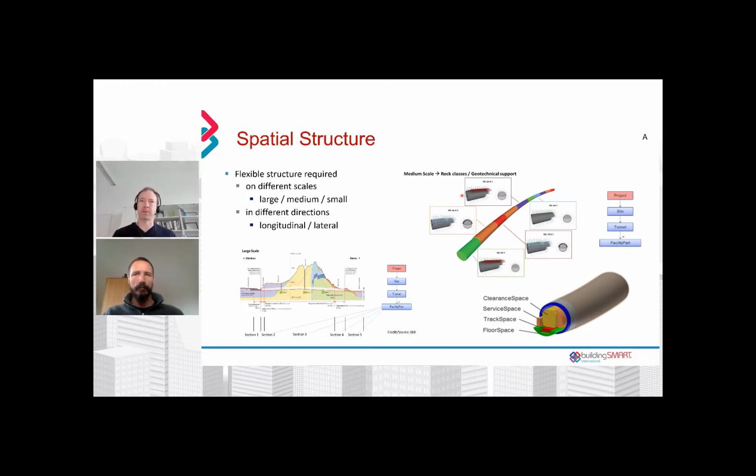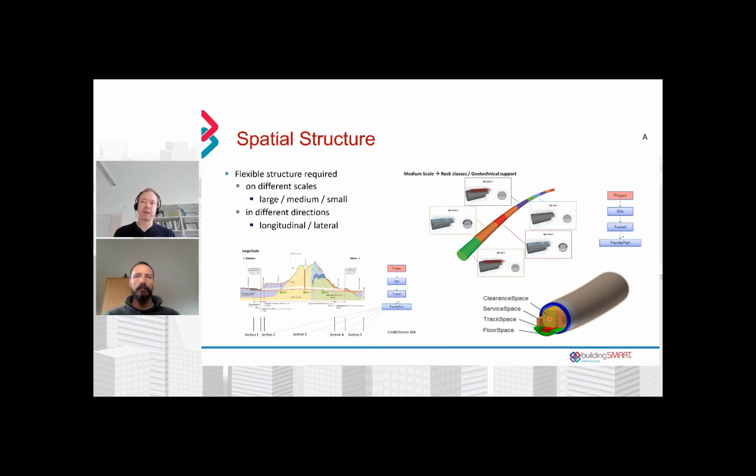And then we have the smallest scale, so to say, where we have in the tunnel the different zones that have different functional means, like, for example, clearance space, service space, floor space, track space, and so on.